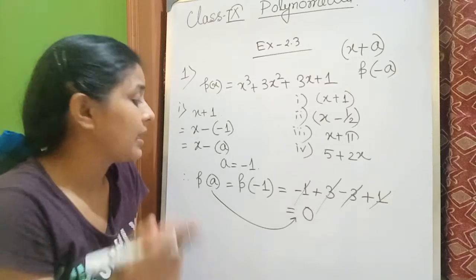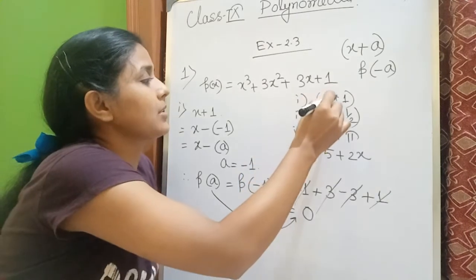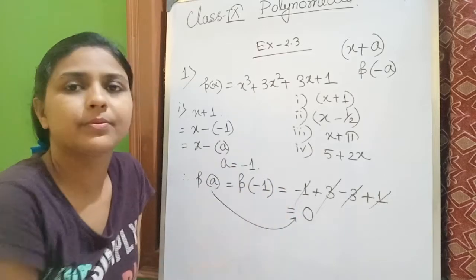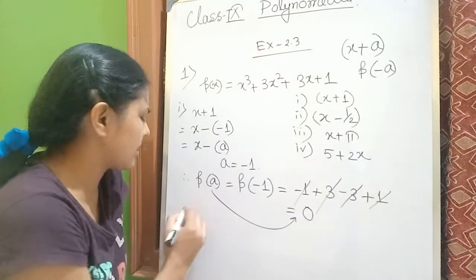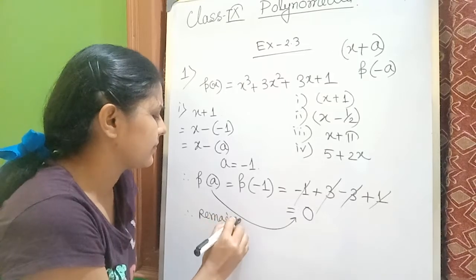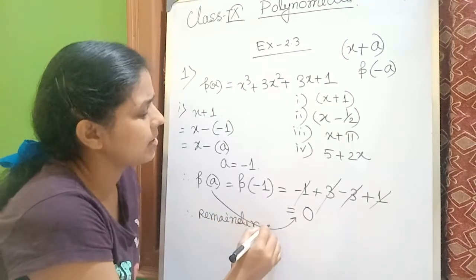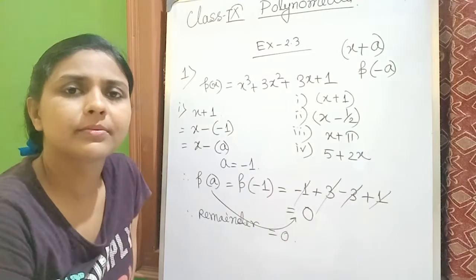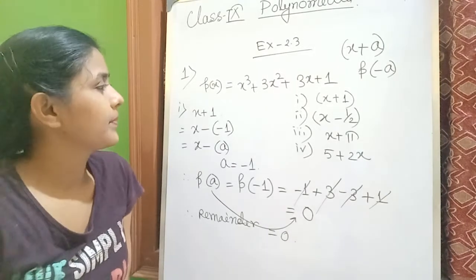What does it mean? It means x plus 1 gives us the remainder as 0. Okay, and that's the answer. Therefore, remainder equals 0. Simple.